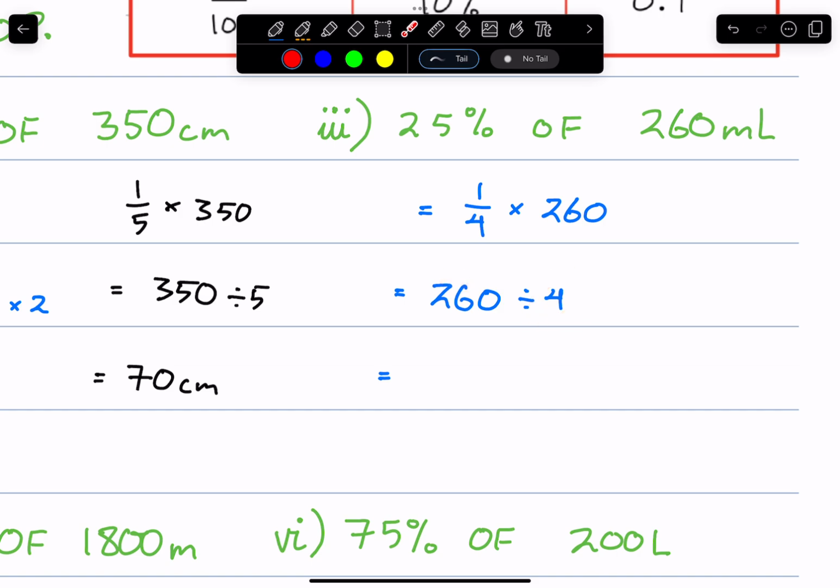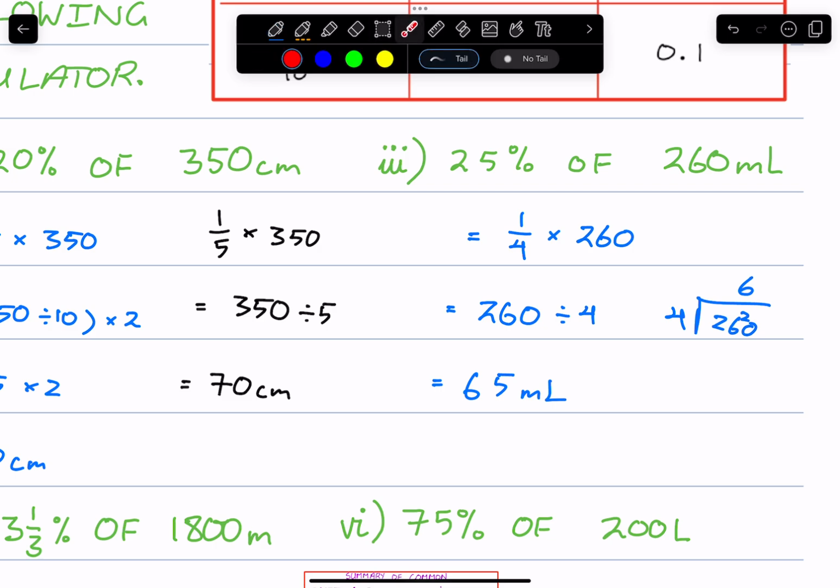Well, 6 times 4 is 24. So 4 into 26 is 6 with a remainder of 2. And so 4 into 20 is going to be 5. So 260 divided by 4 is 65 milliliters.